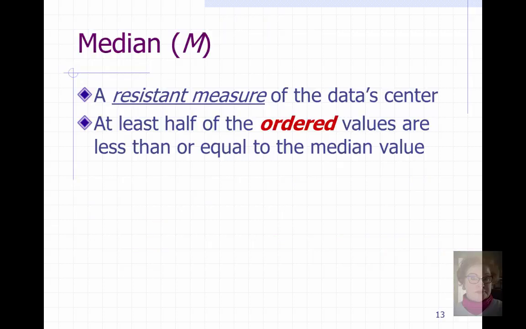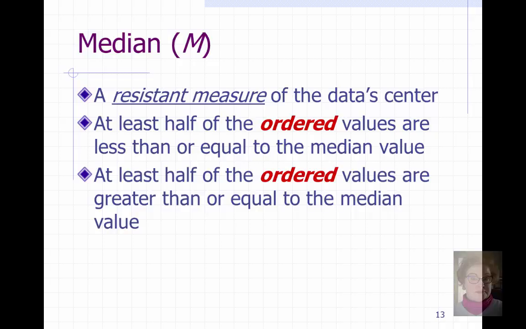So what's true about the median is half of the ordered values are less than or equal to the median, and half of the ordered values are greater than or equal to the median.